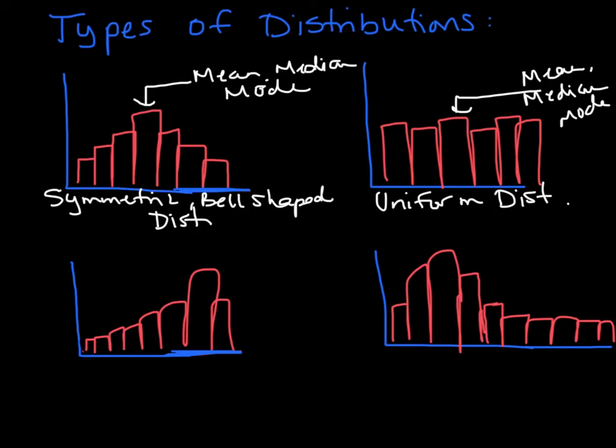Okay, let me put the names underneath and then I will describe what happens here. So this one right here, this one on the bottom left, this is what we call has a left tail. So if you look at this area right here on the left, the left tail is the skinnier tail, okay?